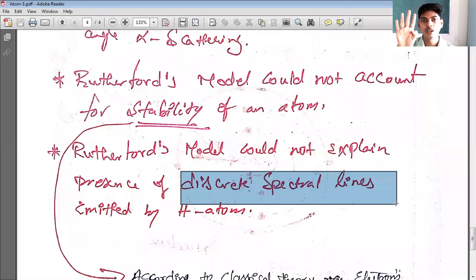Separate lines come, but Rutherford's atom model does not explain why. Rutherford's atom model could not explain presence of discrete spectral lines emitted by the atom.